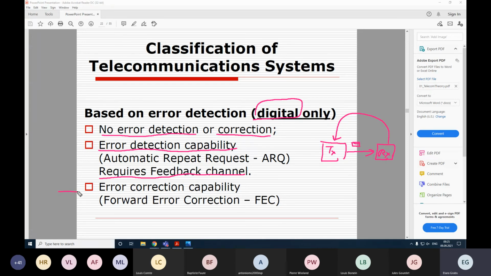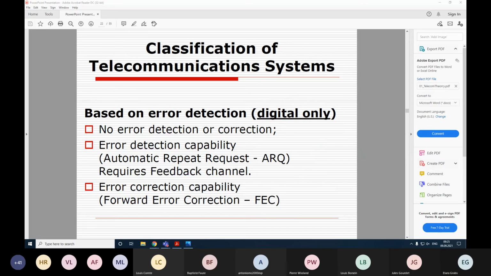And there is also a third type of system which can correct errors at once. It received the message with an error, and then it corrects the error itself, without any additional assistance. For that we use special forward error correction codes. Okay, so this is based on error detection capability.